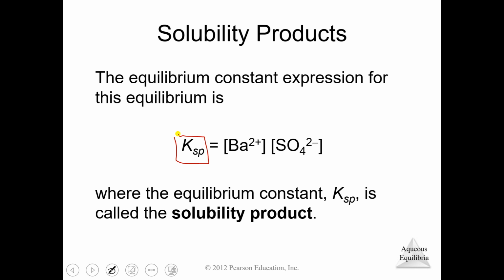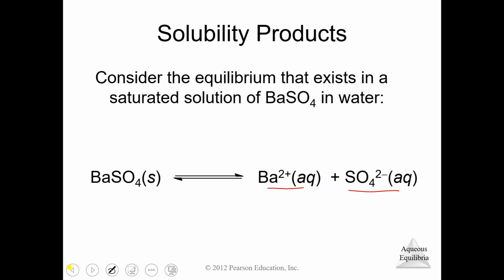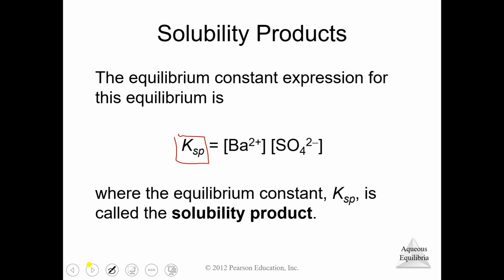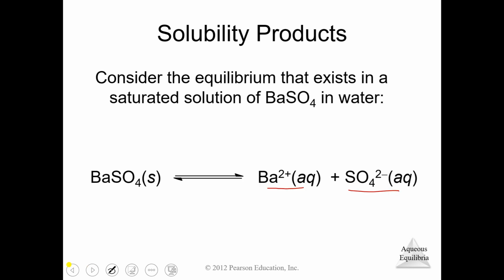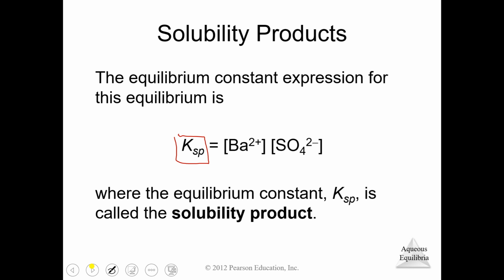Because we ignore solids and liquids, we're only going to be looking at the ions. For this particular reaction, KSP would be equal to each of the ions taken to the power of their coefficients. In this case, it's all a 1-to-1 ratio, so it's simply KSP equals the barium ion concentration times the sulfate ion concentration.